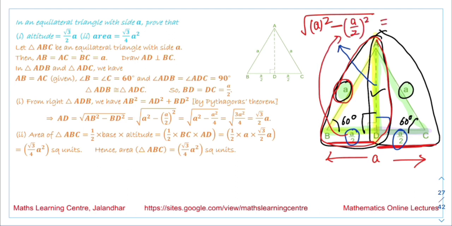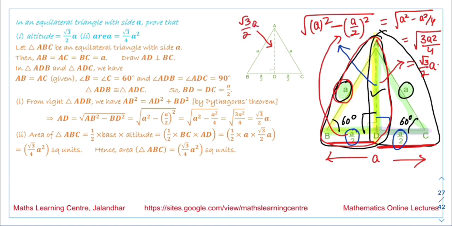On solving this, you get the square root of a square minus a square by 4, which is equal to the square root of 3a square by 4, which is equal to root 3 by 2 a. So the length of this altitude is root 3 by 2 a.